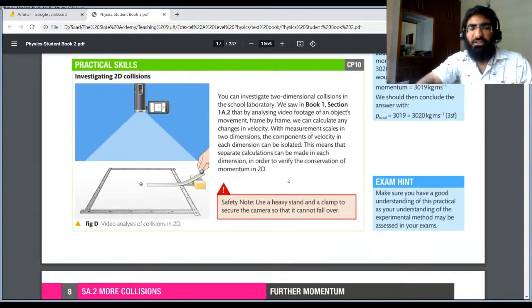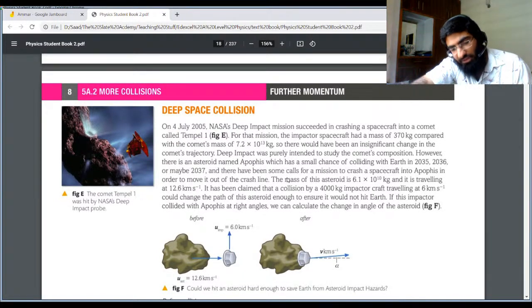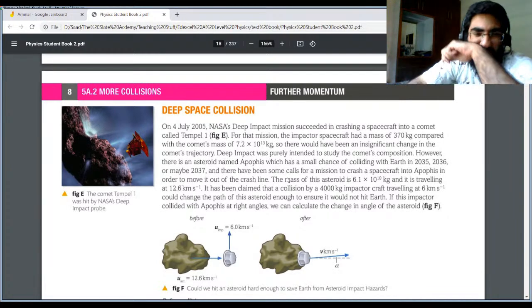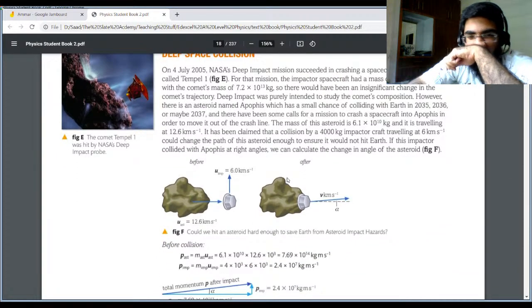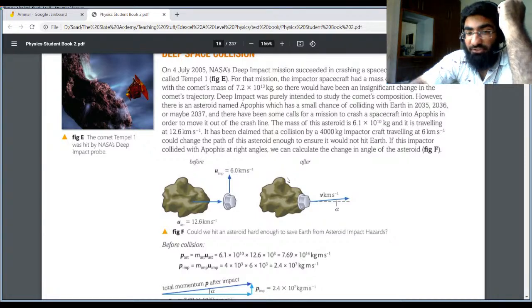Another thing you might ask, where is the actual application of this thing? We have multiple space bodies, asteroids, which we have feared might come and collide with the Earth.